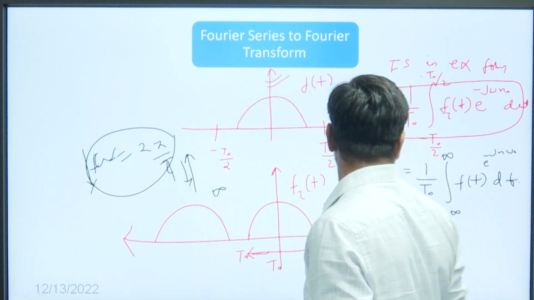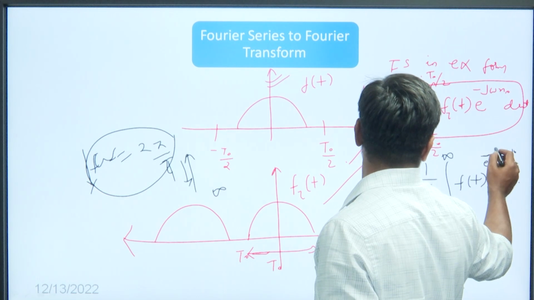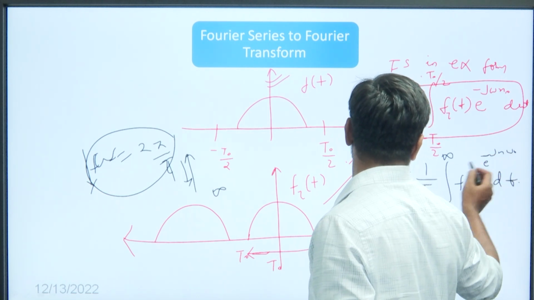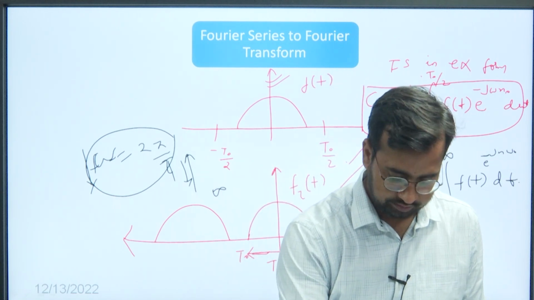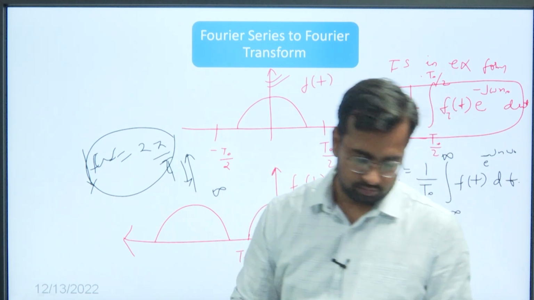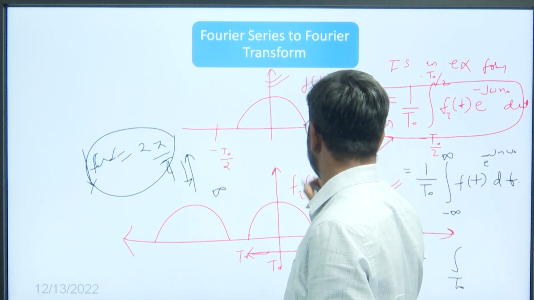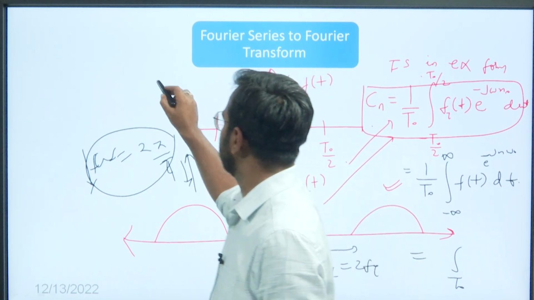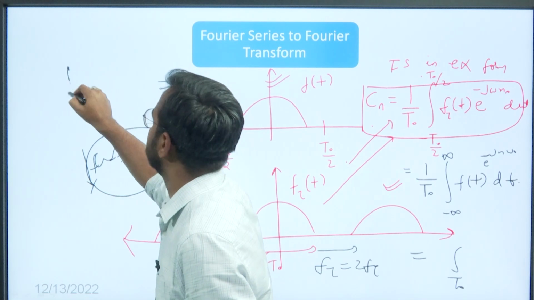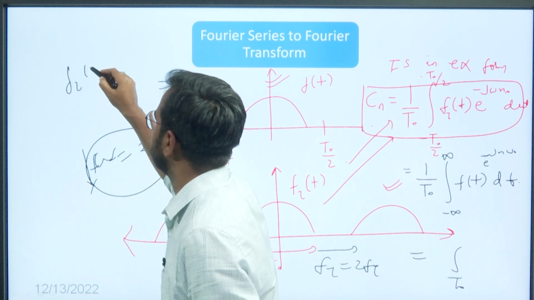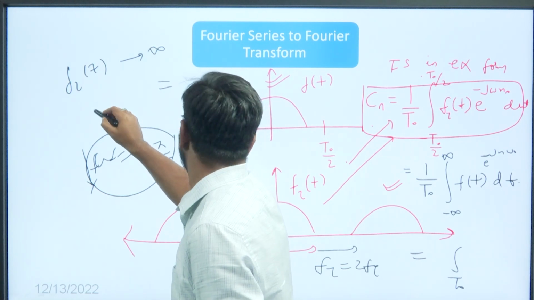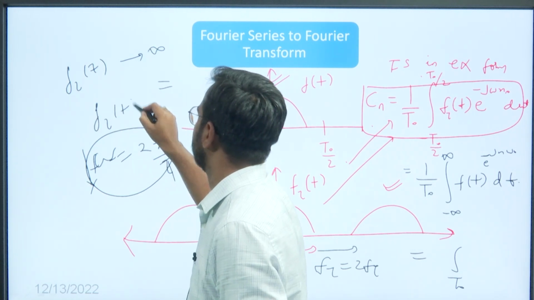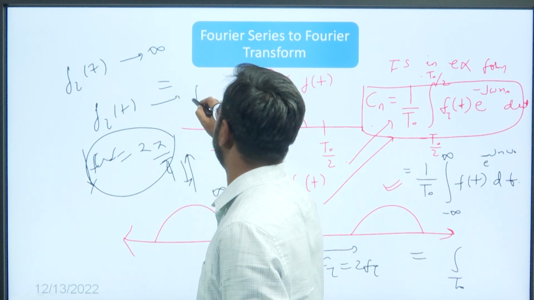this can be written as 1 minus j omega t n omega naught. So this is basically what we convert and write. These two things can be the same only in one case: when f dash t, the function, becomes f infinity, then we can get f(t) with the same frequency as f(t).